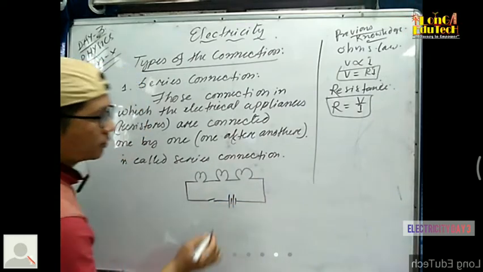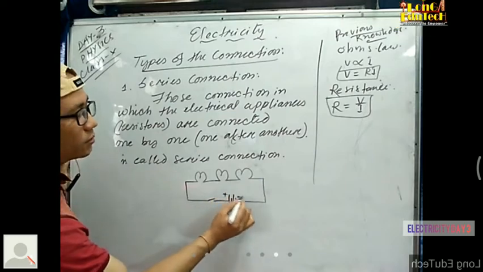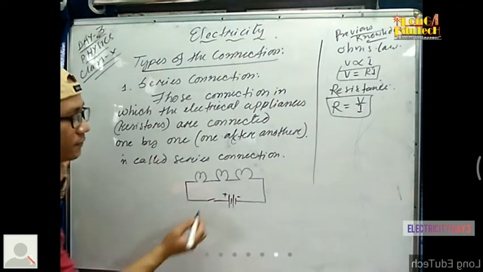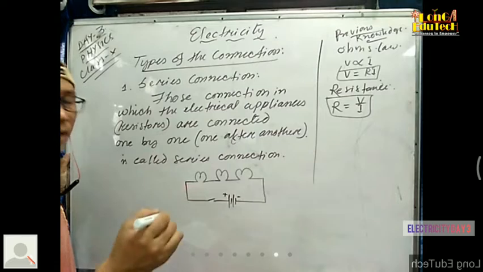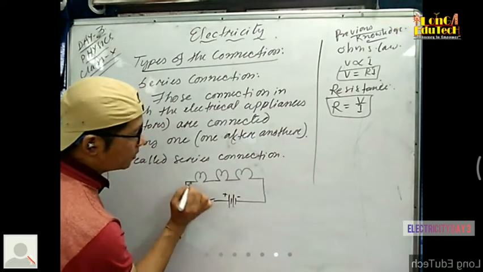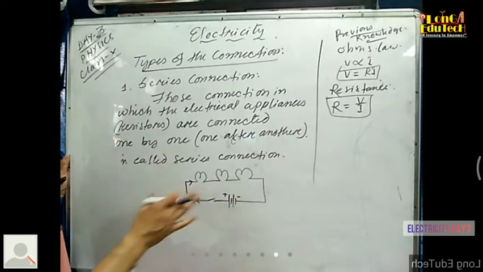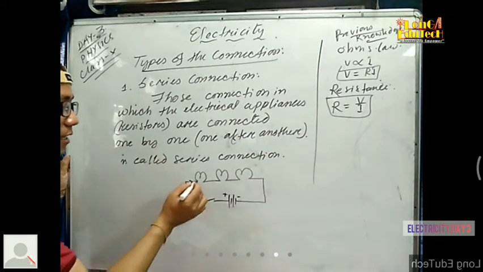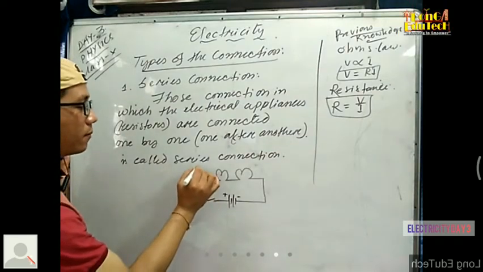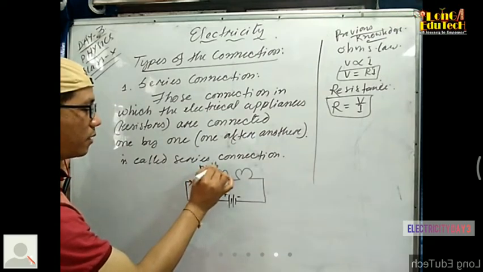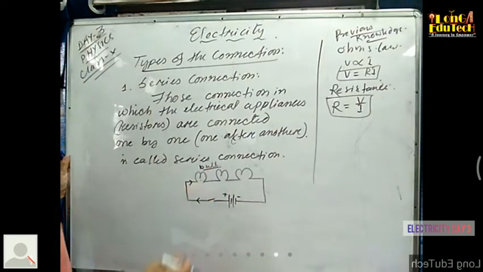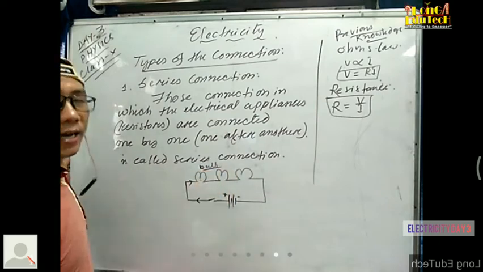I told you this longer end is positive and the shorter end is negative, and current flows from the positive terminal to the negative terminal. So this is the series connection. These bulbs are connected one after another.